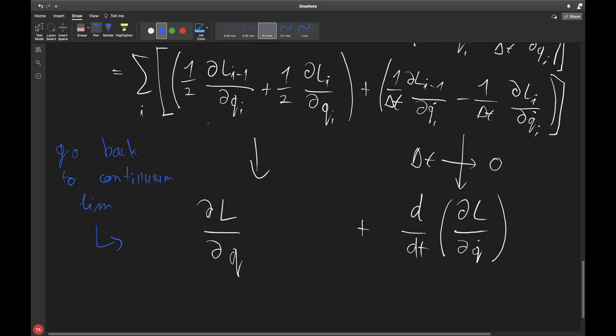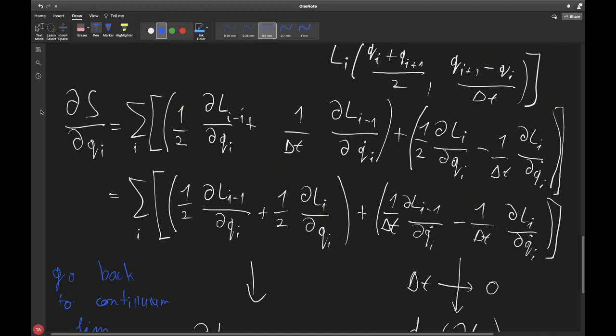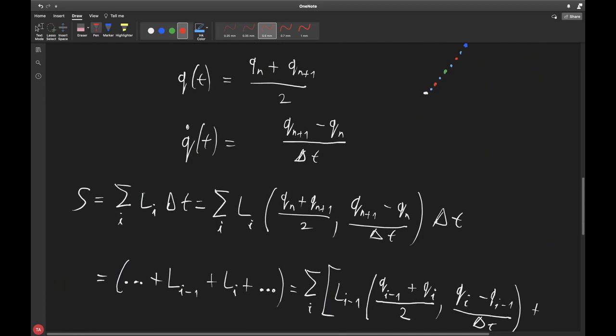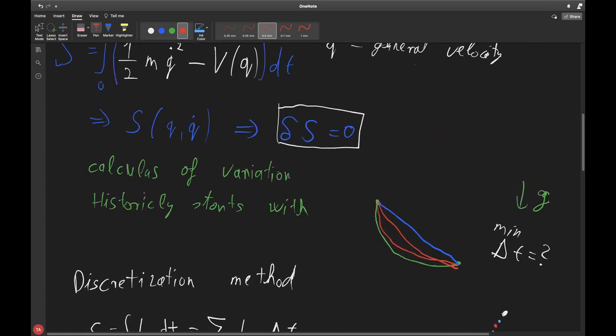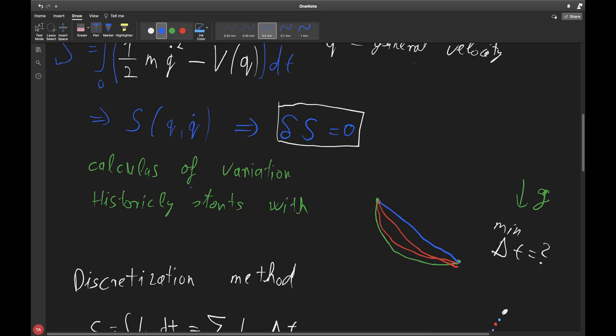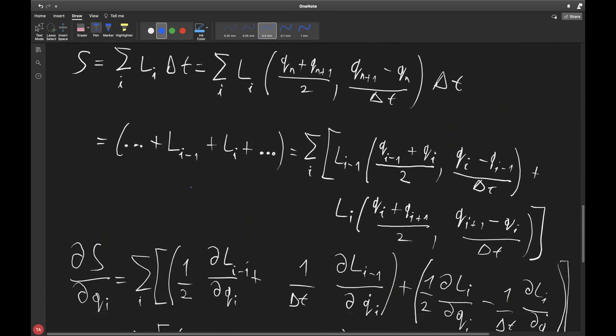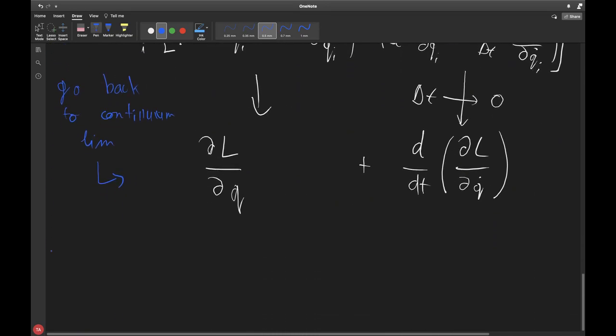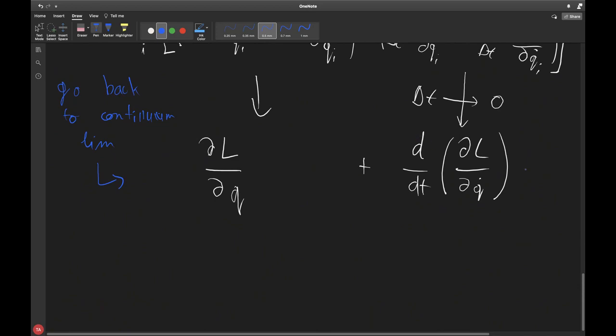Okay, so what this whole thing was equaling to is the derivative of the action. But earlier we said up here with blue that we want this delta S to be 0. So if this left hand side is 0, then everything down here is going to be 0.